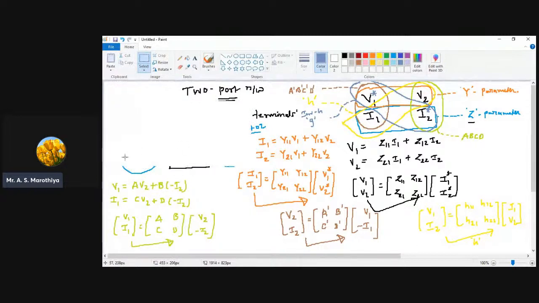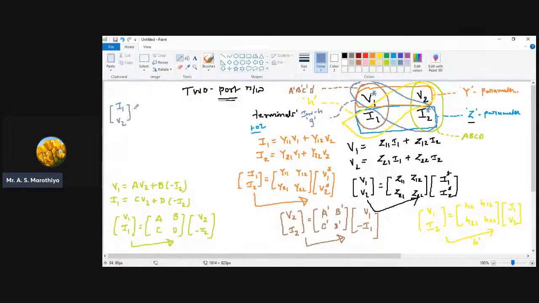So that we can write that expression over here. This is very important. In case of inverse H, which is nothing but G, V1 and I2 are independent, and we are trying to find I1 and V2 in terms of V1 and I2. So I am writing here I1, then here we need to take V2.